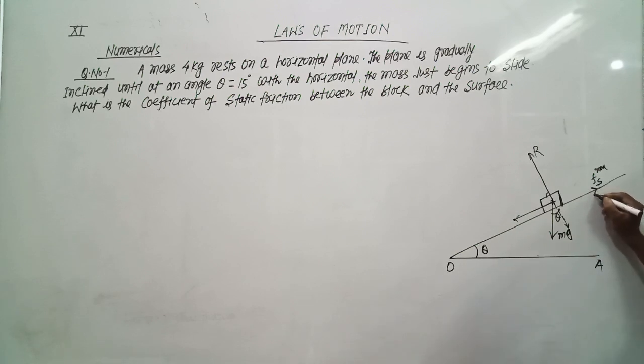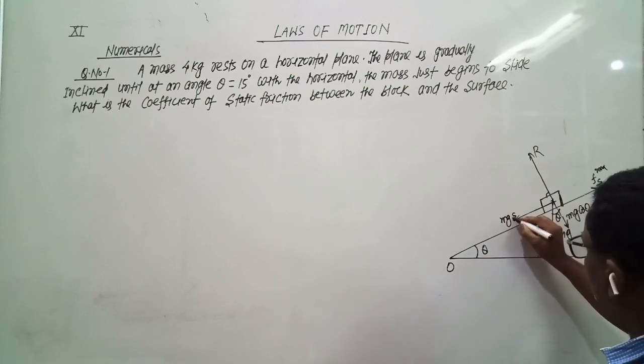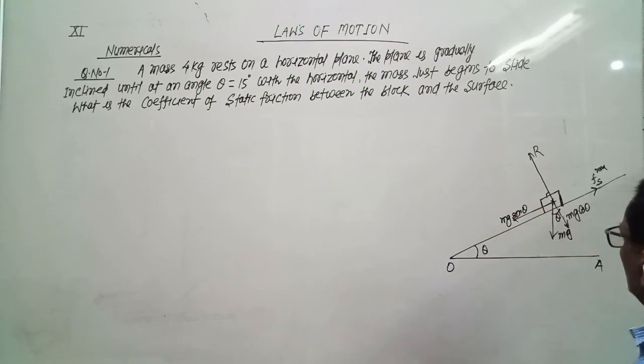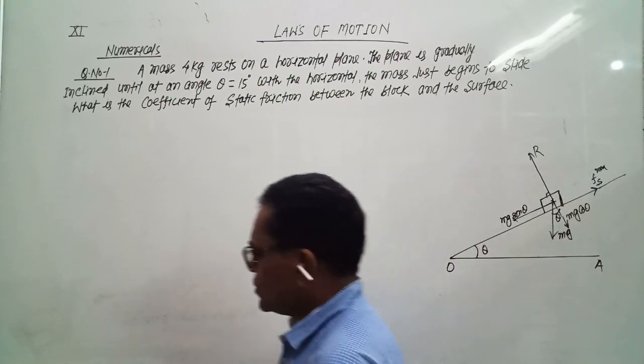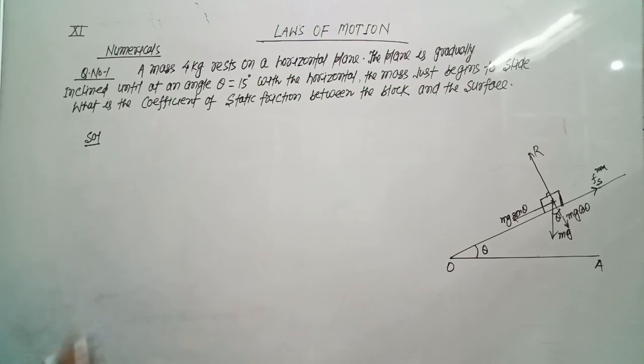So Fs acts in the upward direction, and the two components of mg are mg cos theta and mg sin theta. So we resolve the two components, the horizontal component of the force and the vertical component of the force.